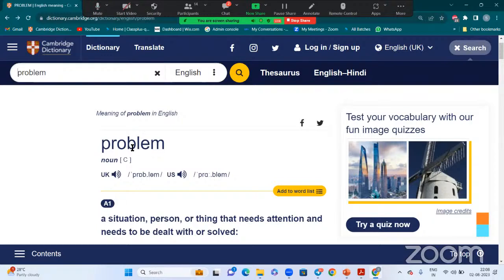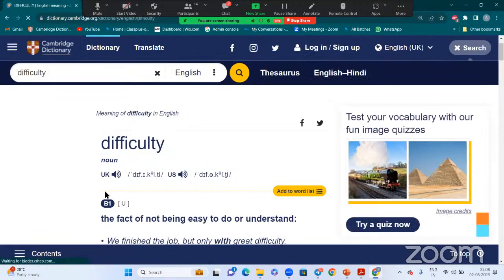Very poor word. So don't use this. This is a stupid word. Don't use it. It will hinder you. The next one. Difficulty B1. B1 means 200 to 299.